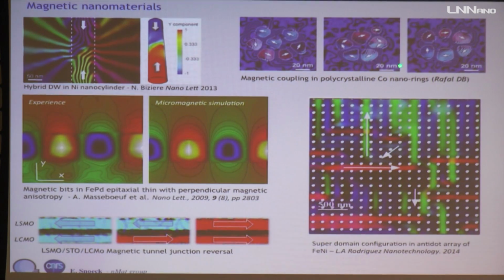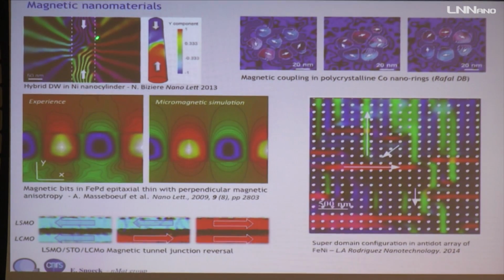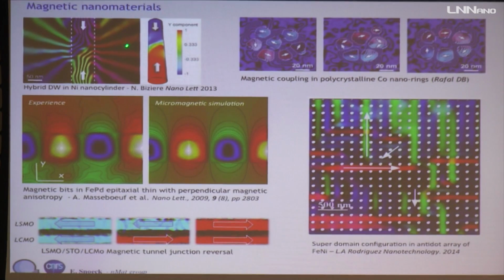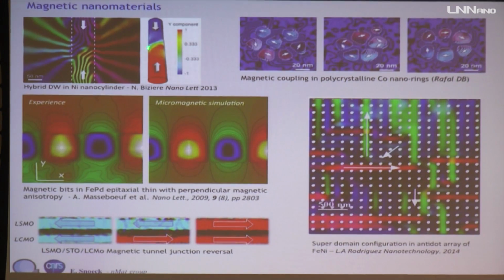Here, for instance, this is a nickel nanocylinder of about 15 nanometers, on which you have a strange domain wall in the middle, and by making holograms and extracting and plotting the components of the magnetic induction, we are capable of seeing the fine domain structure.